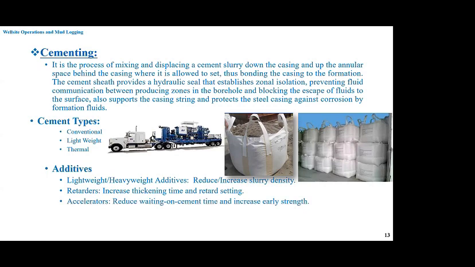And accelerators, they use to reduce waiting on cement time and to increase early strength. Also, they use fluid loss additives to reduce water loss, help sensitive formations, and help prevent premature dehydration. And we'll talk about each type of additive.